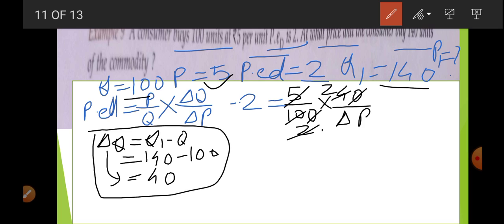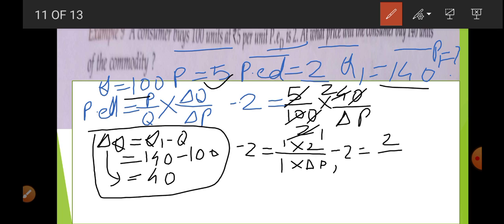Now what we get: -2 is equal to 1 multiplied by 2 upon 1 multiplied by del P. Now we can write it as 2 is equal to 2 upon del P.